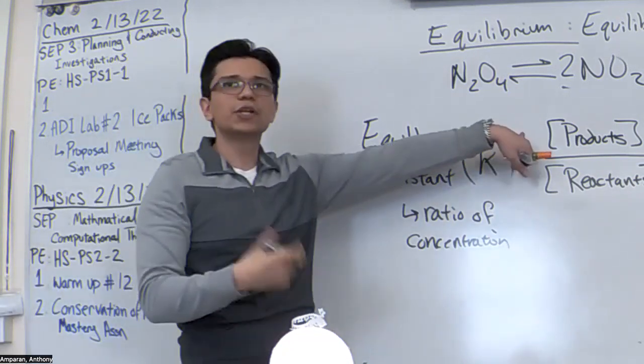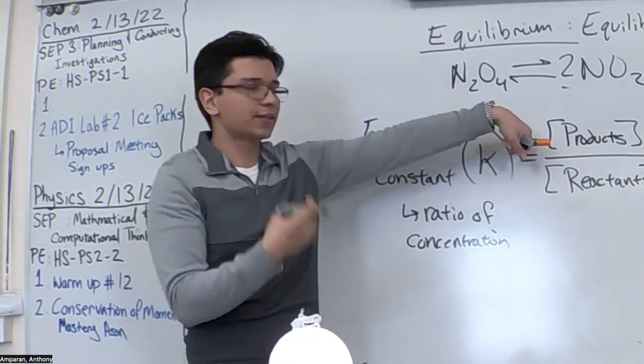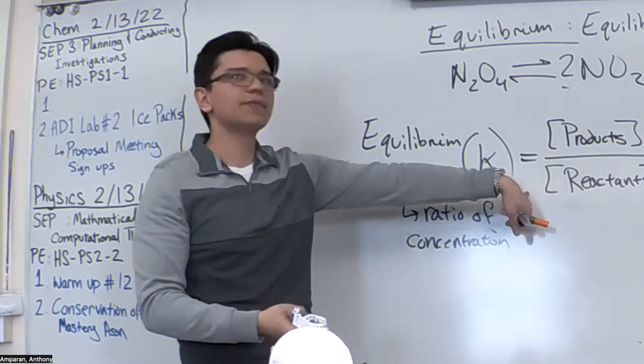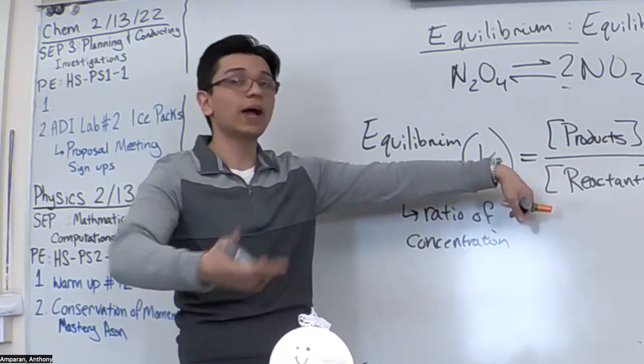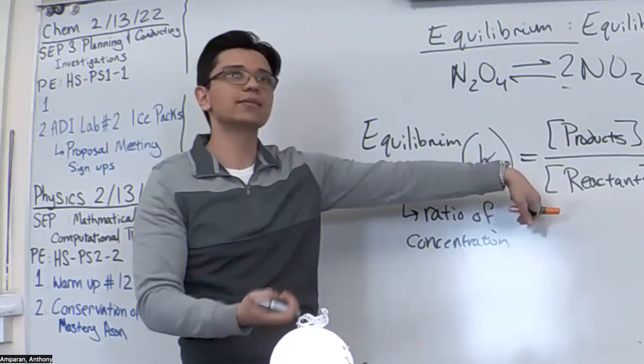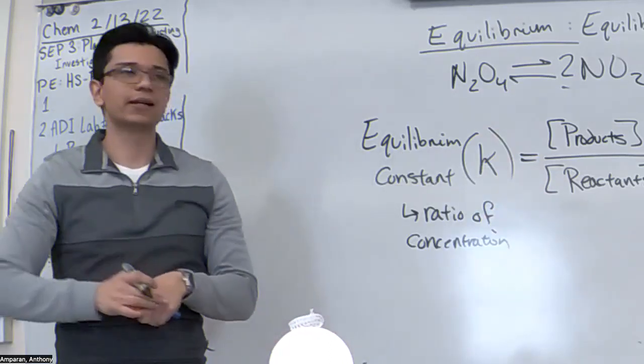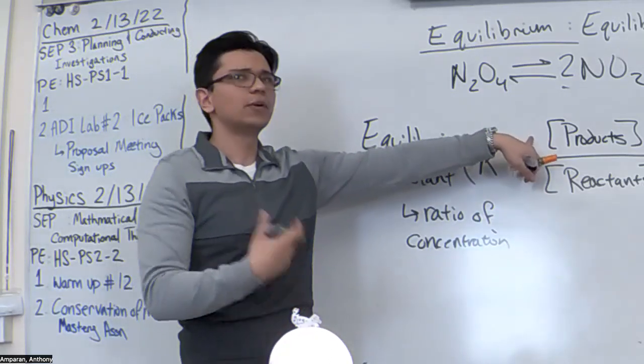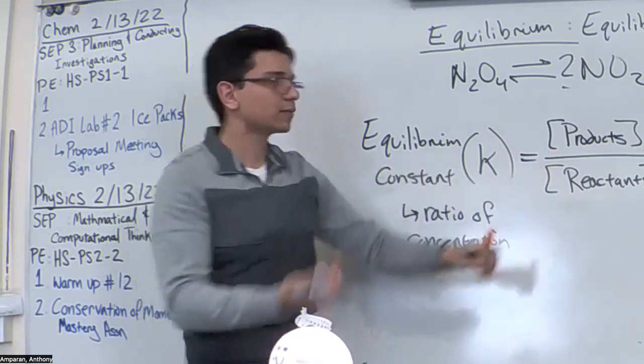So if I know the concentration of my products, and I divide that by my concentration of reactants, I'm going to get a ratio that tells me, do I have more products or more reactants?